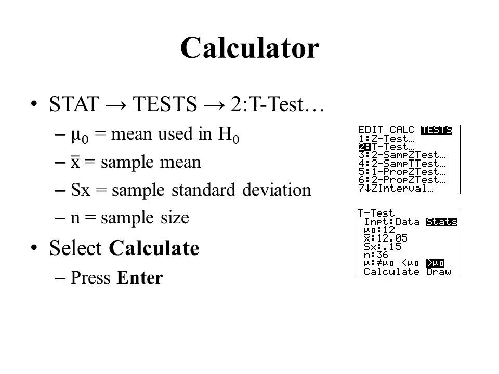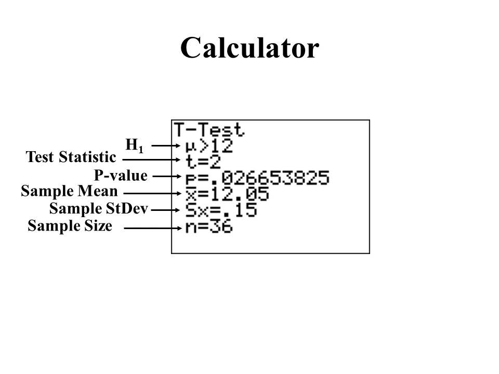Then lastly, we have two options, either calculate or draw. If we select calculate and then press enter, we should get a window that looks like this. So the first row tells us that we just did the t-test. Next row tells us the alternative hypothesis as we entered it. It just allows us to double check our work. We see that that was correct. And then here's our test statistic, t is 2.